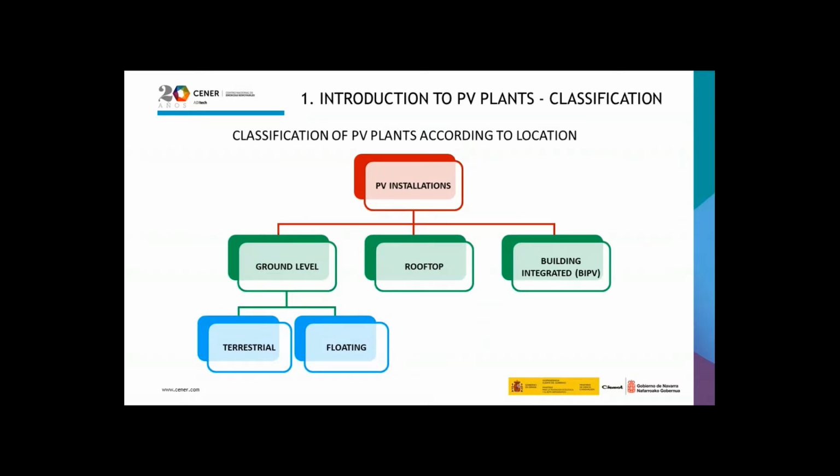According to their location, photovoltaic plants can be classified into photovoltaic plants of ground level, terrestrial or floating, PV plants on rooftop, and building integrated, BIPV.